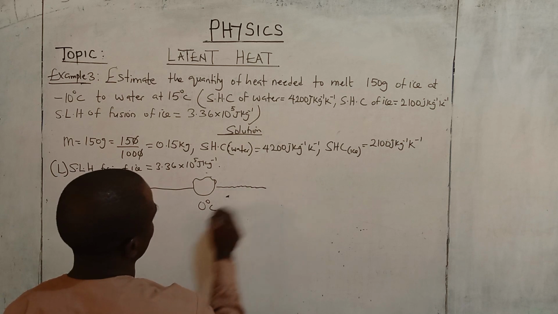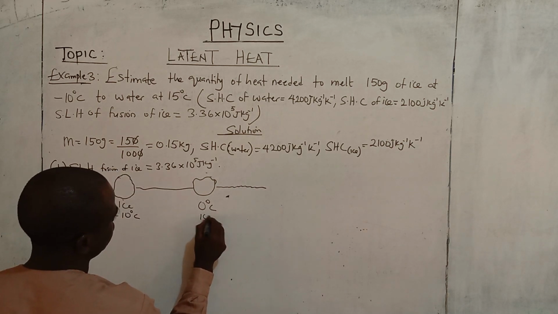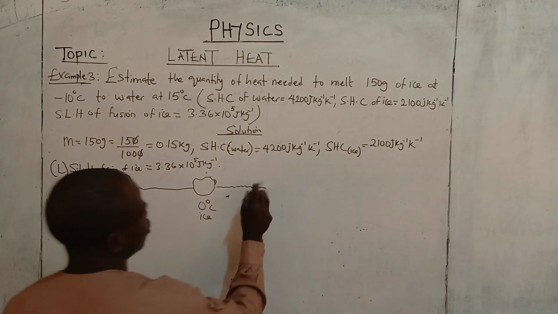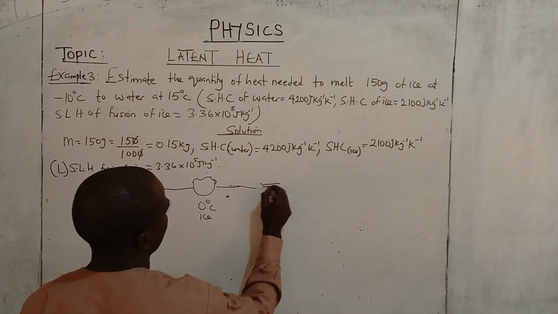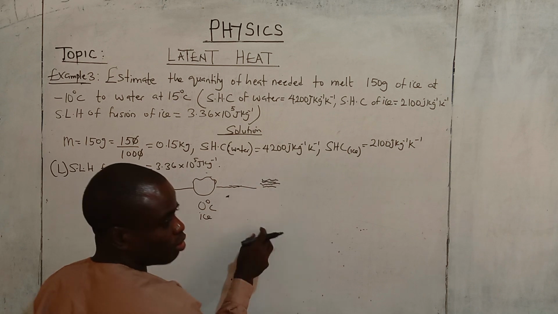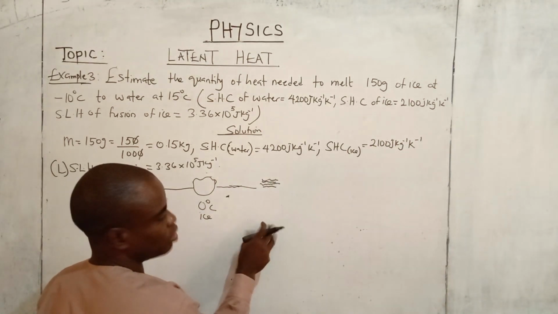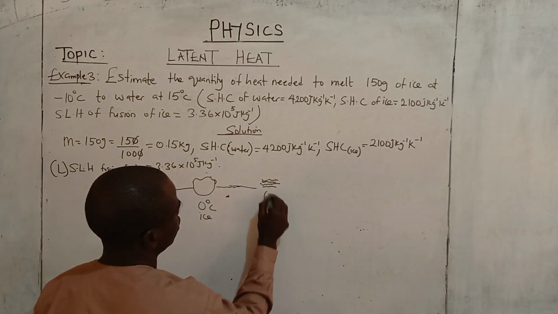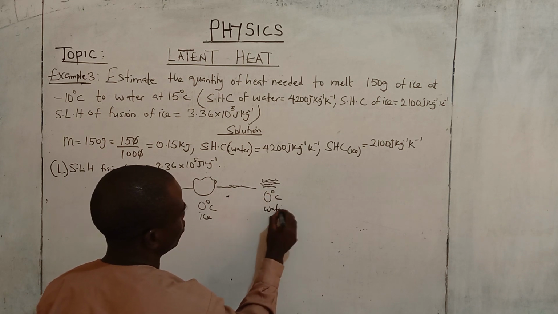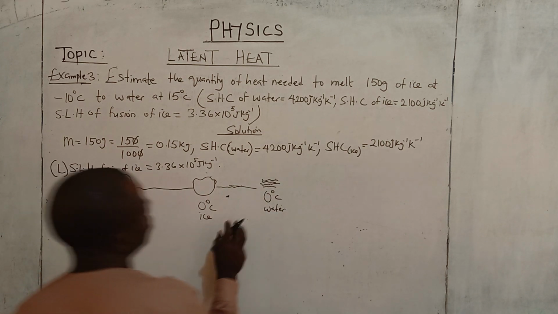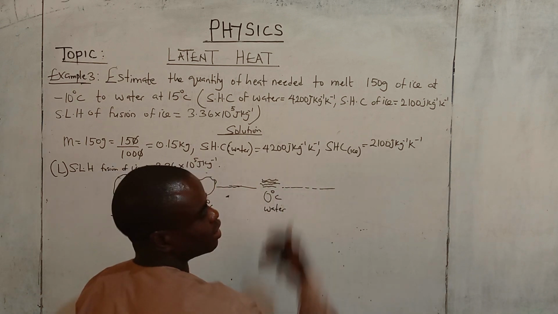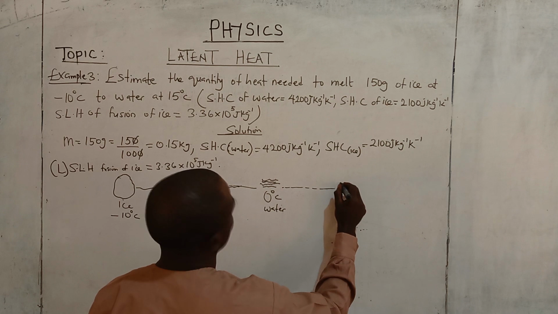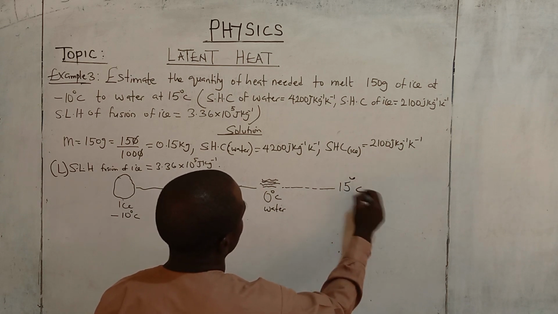From 0, the ice is still ice, turning to water little by little. Now it turns to water, but it's still chilled, still cold when you touch it. Now you have 0 degrees centigrade water. From there it starts increasing in temperature and moves to 15 degrees centigrade.